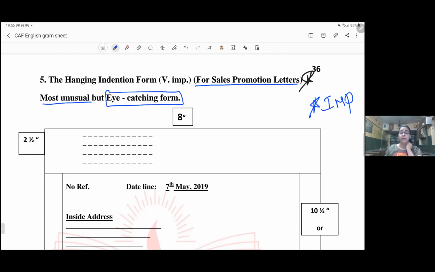Because whenever they ask you letters, mostly they will ask you for a sales promotion letter. And the block format, American layout, the second layout, you are mostly going to follow that whenever they ask for a resume. So instead of that layout or instead of asking that letter, they will ask this one. Follow this for sales promotion.